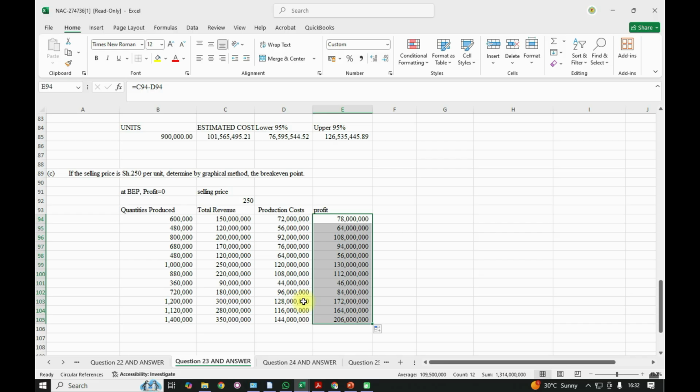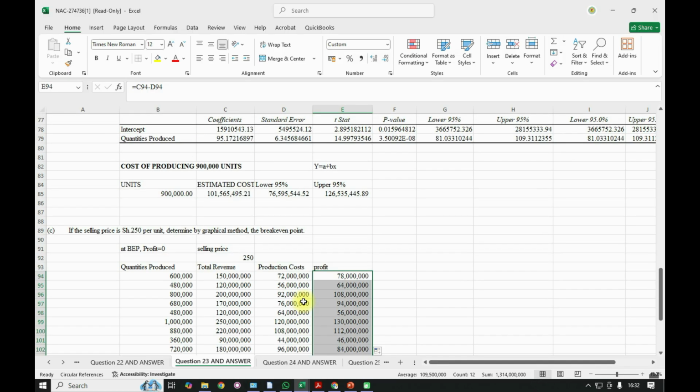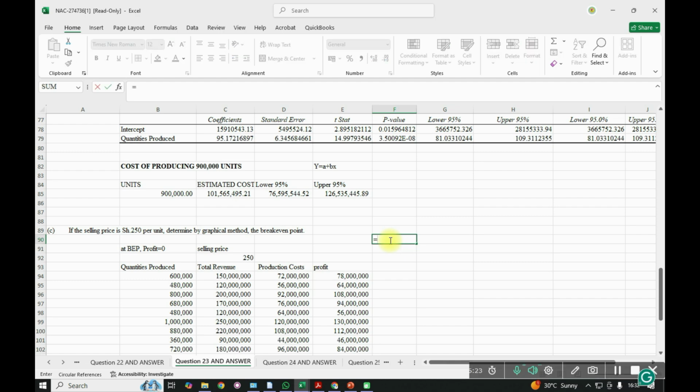Because ideally the break-even will be that point where total revenue equals total cost. If you decide to use this other method, the fixed cost was this, and we divide by our selling price of 250 minus our variable cost of 95 per unit.